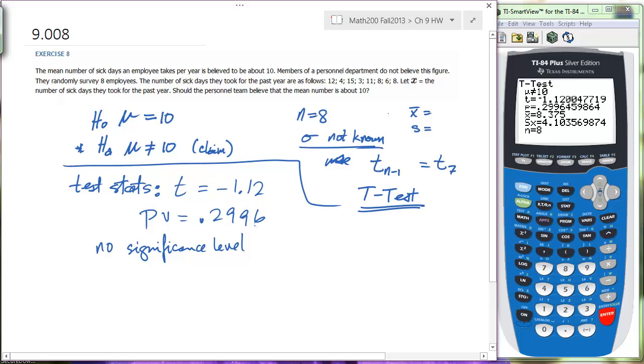So there's a lot of freedom in making your conclusion. In general, if you don't have a significance level, we usually like to use 0.05 as a marker of sorts. And clearly our p-value is large.